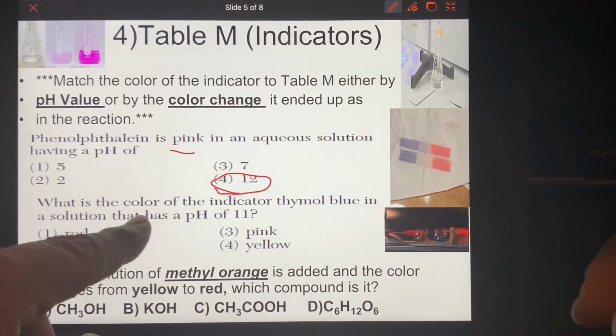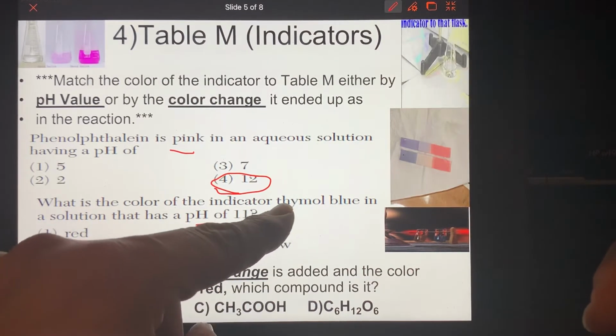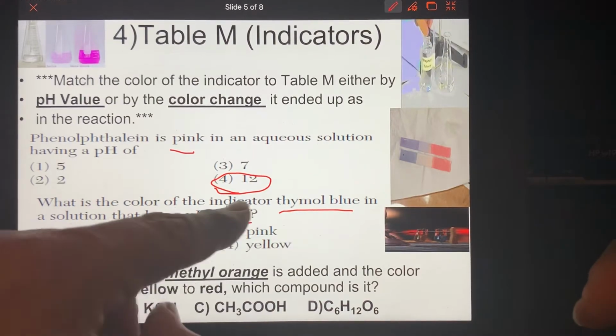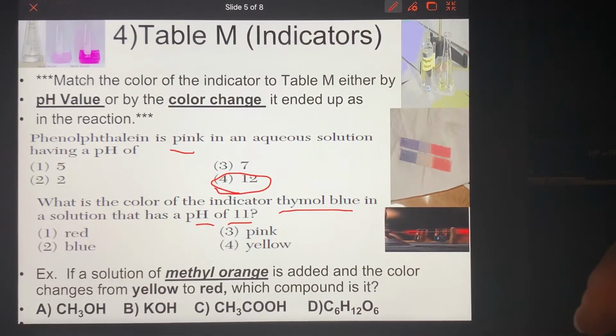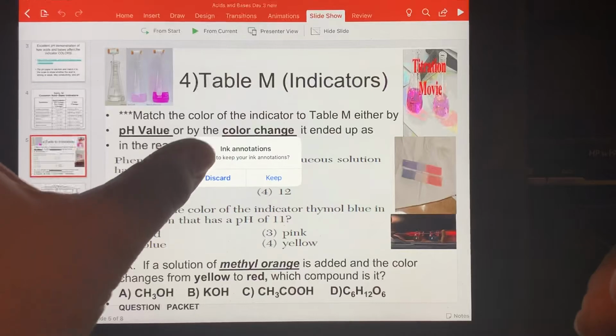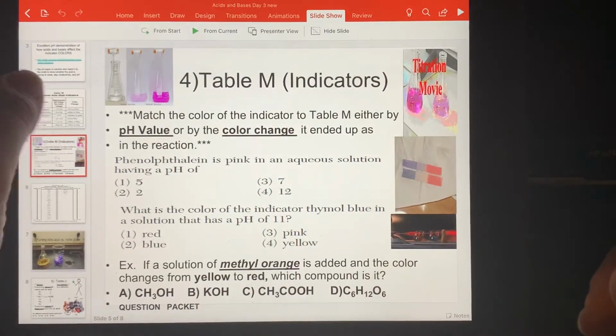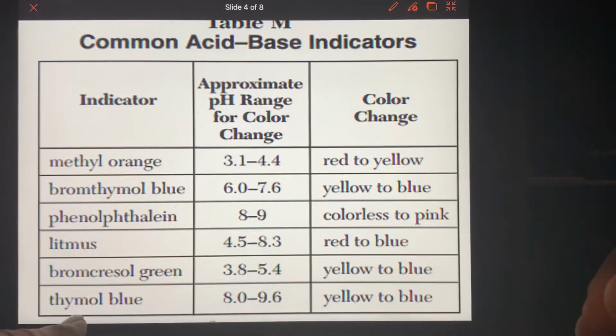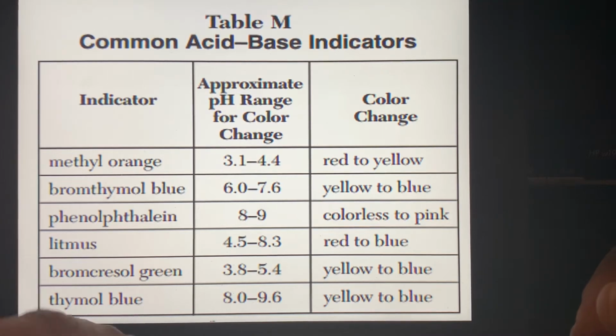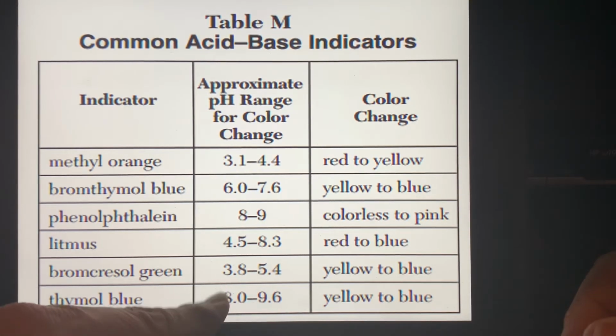Good. What is the color of indicator thymol blue that has a pH of 11? Okay. Let's go back to thymol blue. Here's thymol blue down here. Thymol blue, if it's 11, is not going to be under 8.